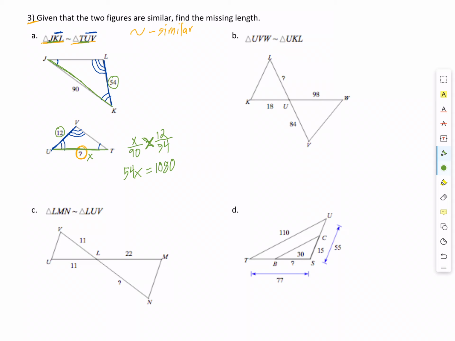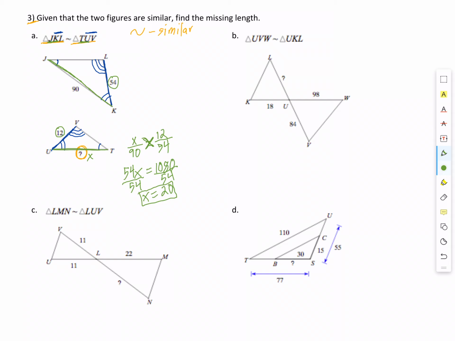Now we want to solve for x, so we just divide by 54, divide by 54, and then we get x is equal to, hey, this one comes out pretty nice, 20. So we get x is equal to 20. Hopefully that makes sense. Please let me know, just email me, reach out, if you have any questions.